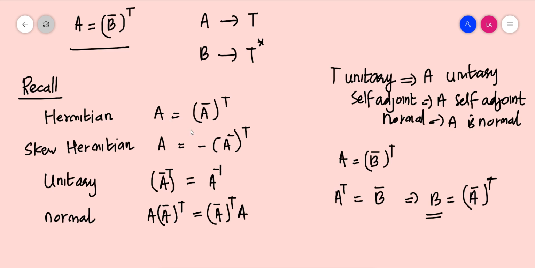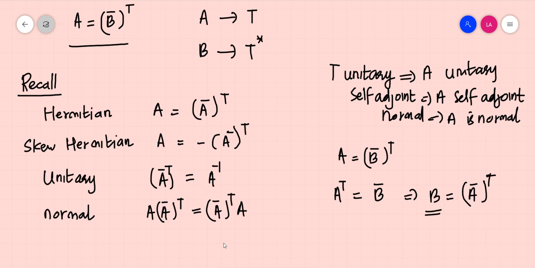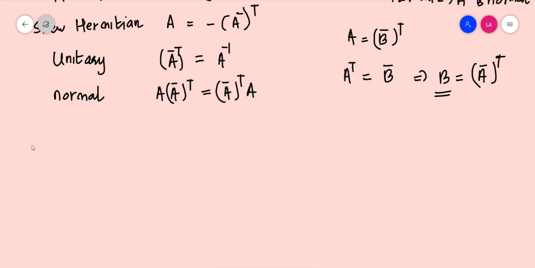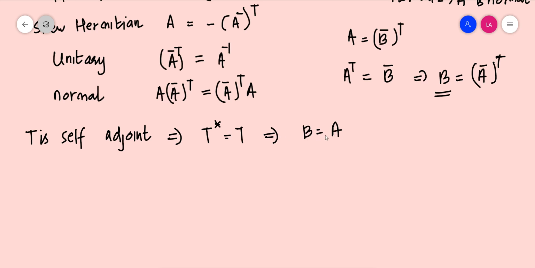Now, an operator is said to be unitary or self-adjoint. Let's start with self-adjoint. T is self-adjoint means T star is equal to T, which means that the associated matrix B should be equal to A, where B is equal to A conjugate transpose.